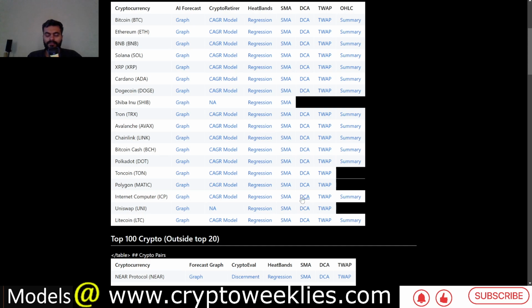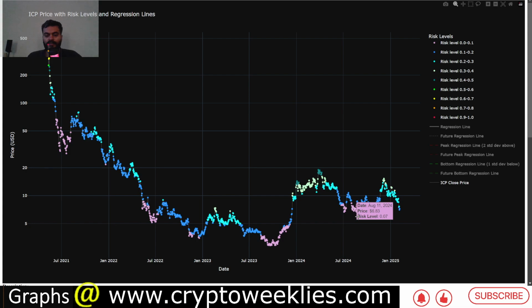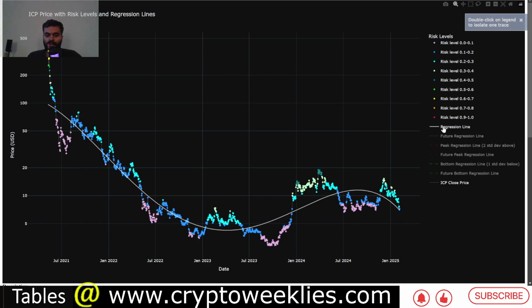In terms of the polynomial regression based model that we just saw, where we saw that regression fair value, DCAing ICP below this grayed out regression line is not the worst idea. Again, you might run the risk of catching the falling knife in the bear market.